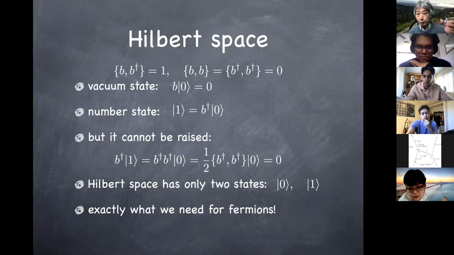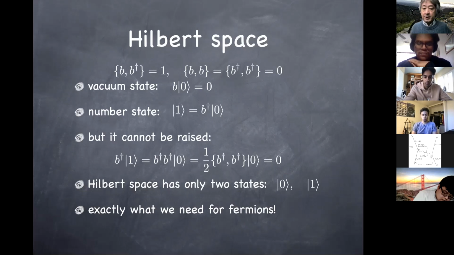Then, because you have two sets of these fermionic harmonic oscillators, the Hilbert space is now 2 to the 2, so 4 states: the vacuum state, singly occupied by spin up, singly occupied by spin down, and doubly occupied by one spin up and one spin down electron, but you cannot raise any further. So you just have two copies of this two-dimensional Hilbert space with two copies of these anti-commutation relations. Does that answer your question, Chirag?